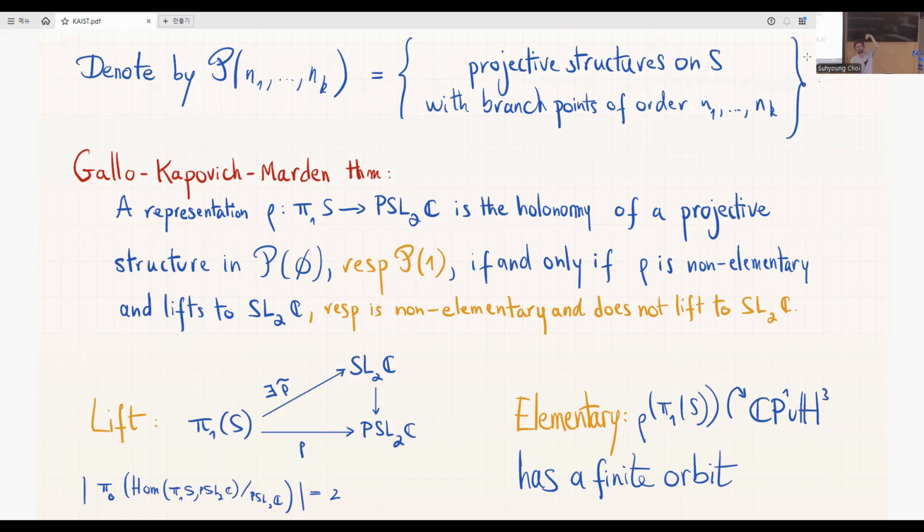Or maybe you have 2 points in CP1 that you preserve as a set. You can exchange them, and you act as some kind of dihedral group, maybe infinite. Okay, so I'm going to tell you what is the strategy of the proof of this theorem.